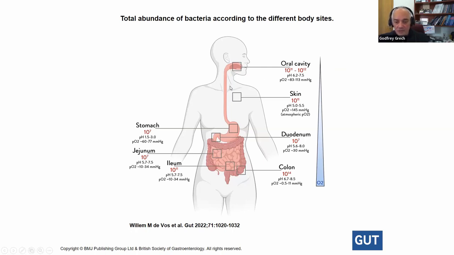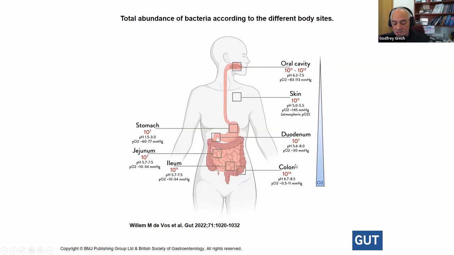Going from the upper to the lower intestinal tract, you see that the number of microbiota present increases substantially, with the highest amount in the colon, and basically this is the main source for reading the microbiota in the laboratories, because we take a fecal sample that represents the microbiota in the colon.